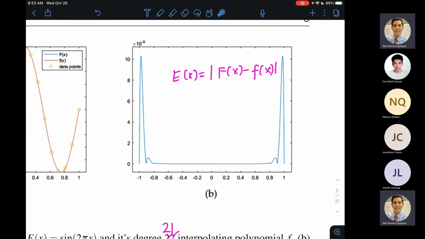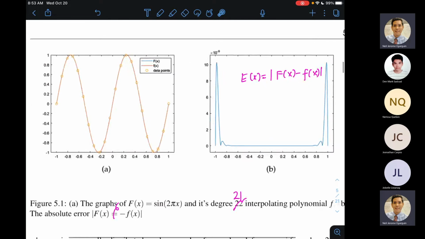And an absolute error of 10 to the -8 is small enough kasi ang magnitude naman ng function values na ina-approximate natin ay between 0 and 1 lamang. So this seems to induce 10 to the negative 6% error, which is pretty good, right? So everything worked well. Walang Runge phenomenon, walang unexpected anomalies happening, right?